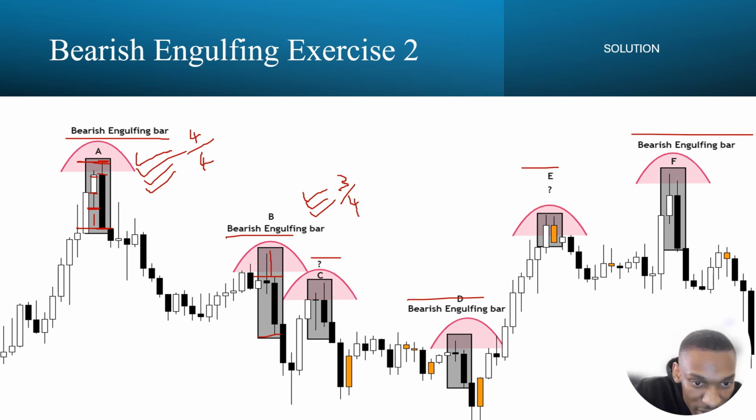And then when we look at C, it consists of 2 candlesticks. That's right. The body of the second has to be longer than the first. That is right. Fully engulfed. Let me just clear this. Focus on the last 2. Is the first fully within the second candlestick? No, it overlaps here, as you can see.